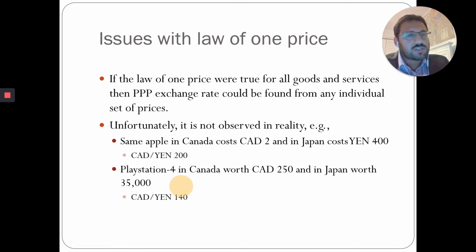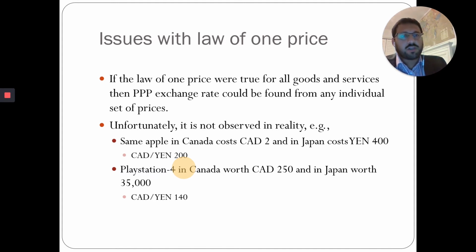If there are two exchange rates, it shows that there is some issue. Some products, even though they are the same product, might be getting sold at different prices in the two countries, and there might be many reasons, as I mentioned in the previous slide. For example, there are market frictions, so markets are not efficient.